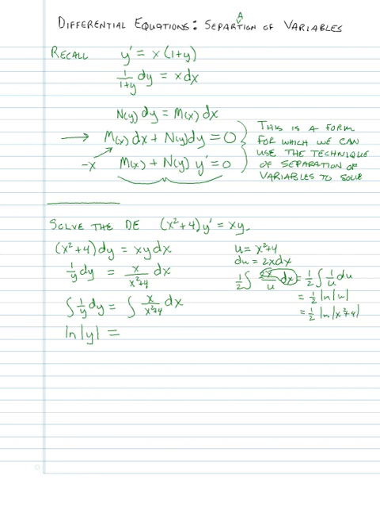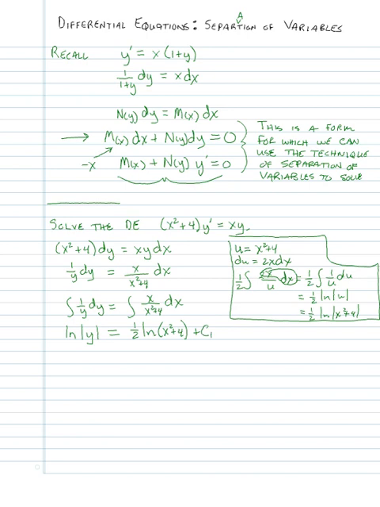So I'm putting this over here on the side to make you realize why I can write down this next step. Over here on the right side of the problem I'm trying to solve, I end up with a 1/2 natural log of x squared plus 4. And remember, of course, we have that constant of integration on the left and on the right, and we're combining them together on the right side.